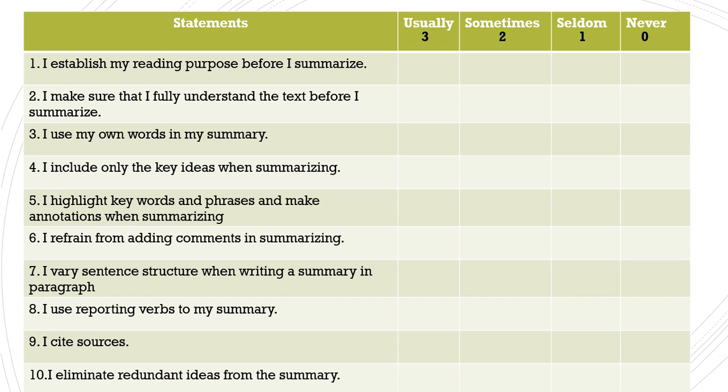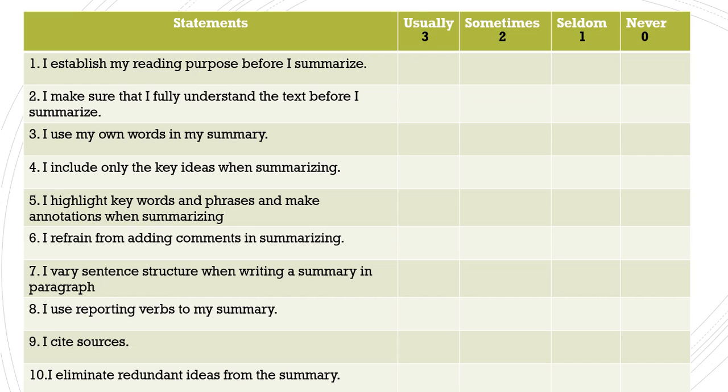How often do you practice that? Do you practice that usually, sometimes, seldom, or never? So if your answer in number 1 is I usually do that, so you will write 3. On the other hand, if your answer is no, I never do that, so you will write 0.